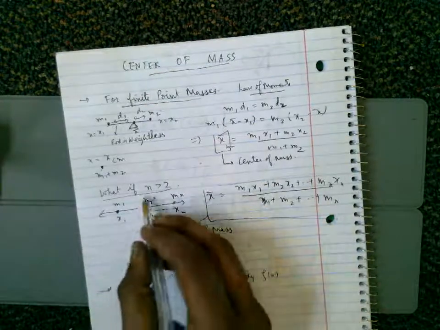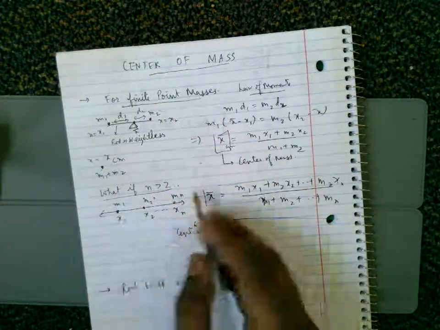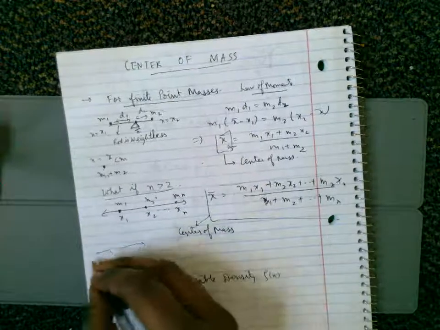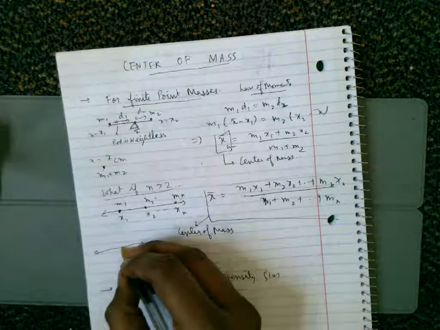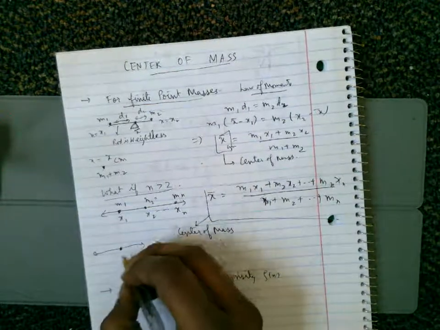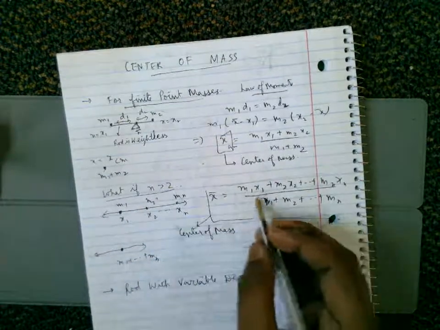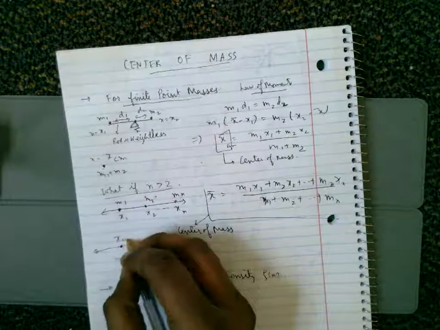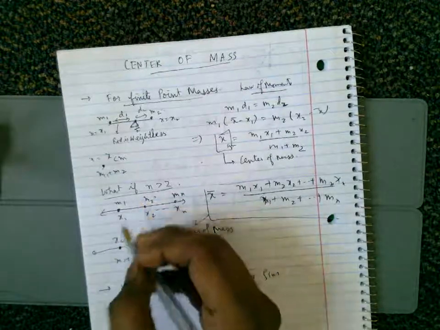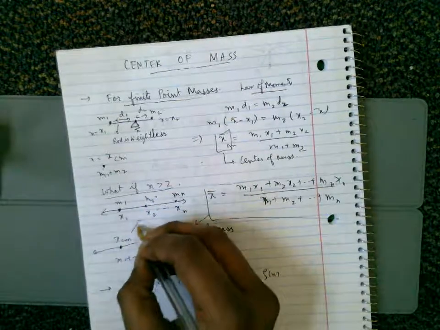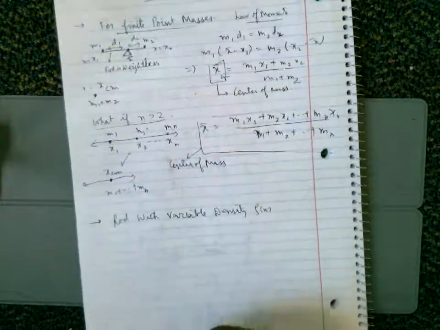This means that instead of all these finite masses, you can just assume the mass m1 plus through mn to be placed at the coordinate of the center of mass. So this system is physically equivalent to this system.